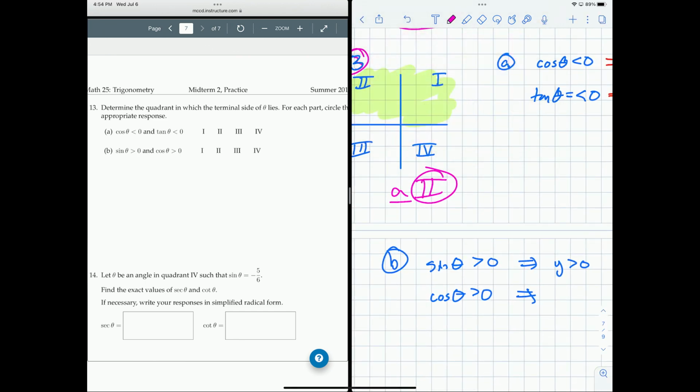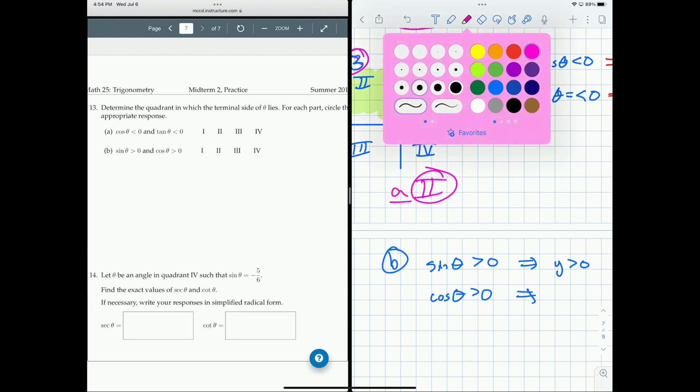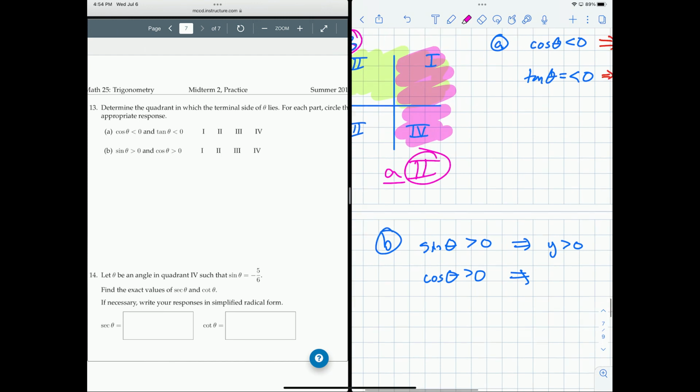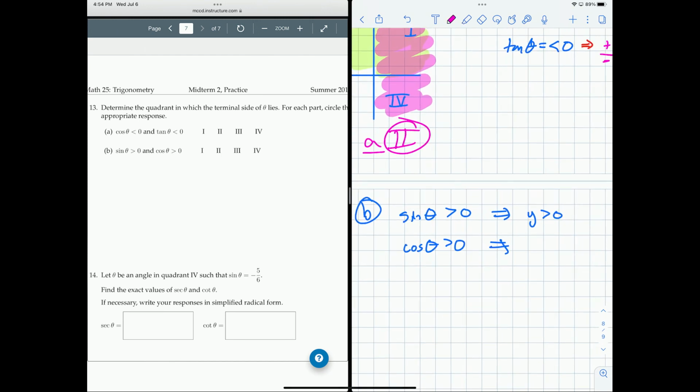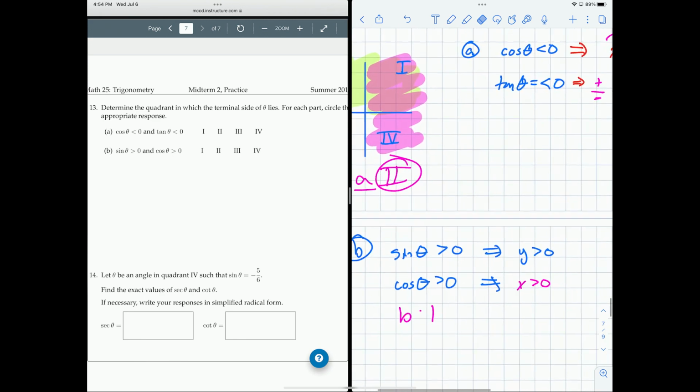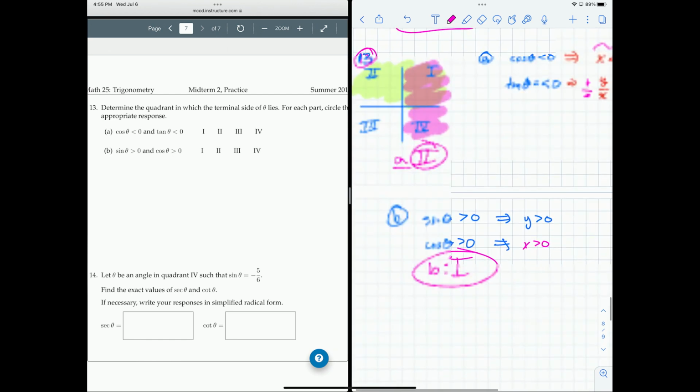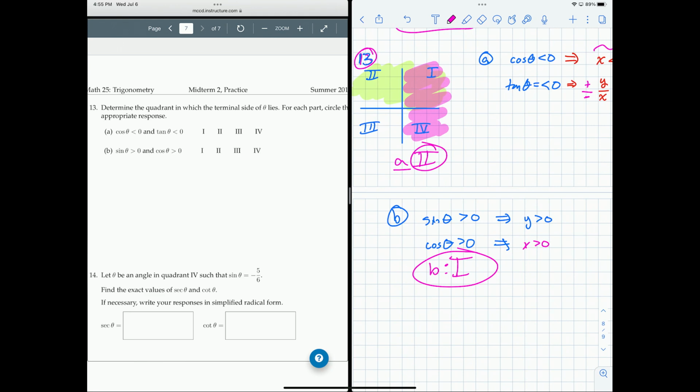So that means you're over here. So where do they overlap? Where are both of those things true? Quadrant, not 2, quadrant 1, right? Upper right. So A is quadrant 2 and B is quadrant 1.